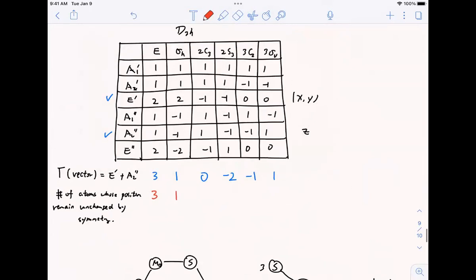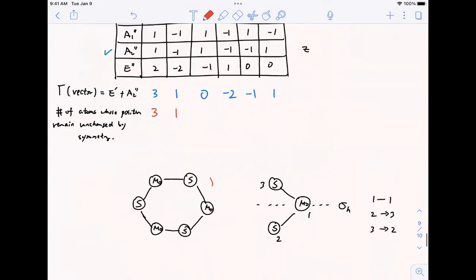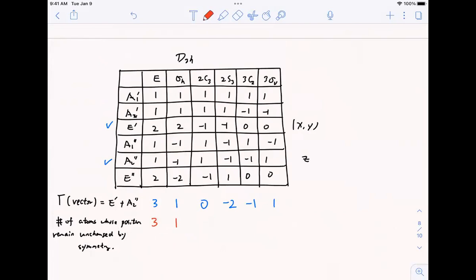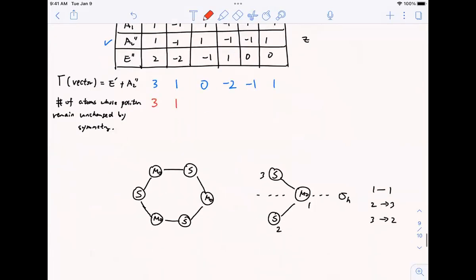Okay, so let's go to rotation. This is a C3 rotation. Once you rotate, then the Mo will go to Mo, the S will go to S. So what's the number? Can someone tell me? What is the number of atoms that remain unchanged under the C3 rotation?